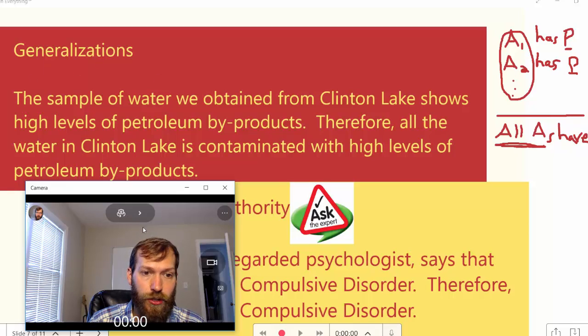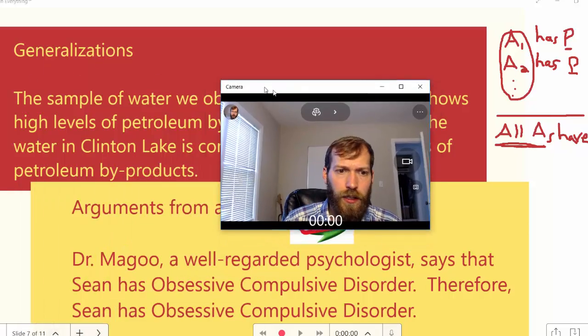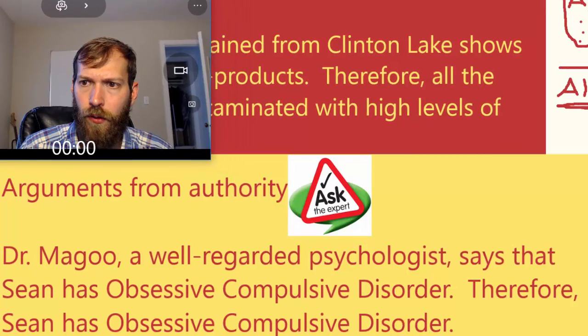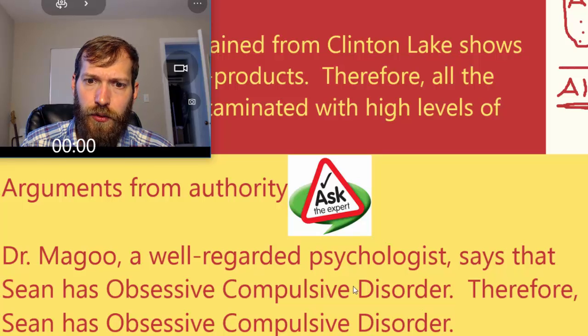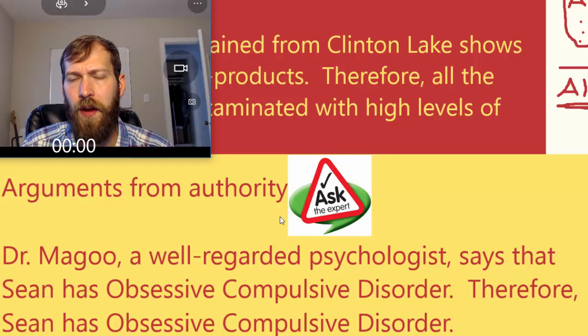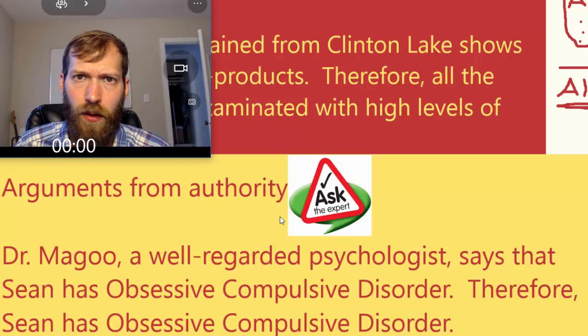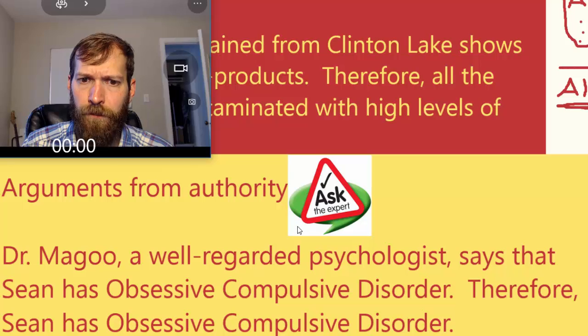when engaging in generalizations. Let's turn our attention now to arguments from authority. So the idea of arguments to authority is you're treating somebody as if this person is an expert, and not only an expert, but an expert on the particular topic that's in question.